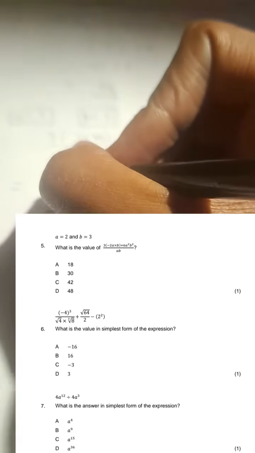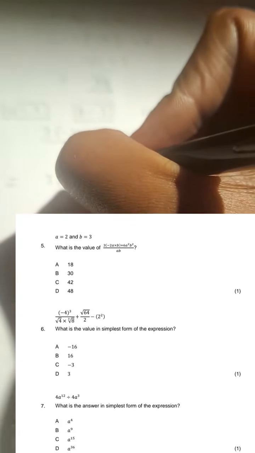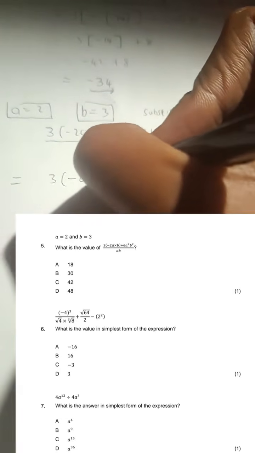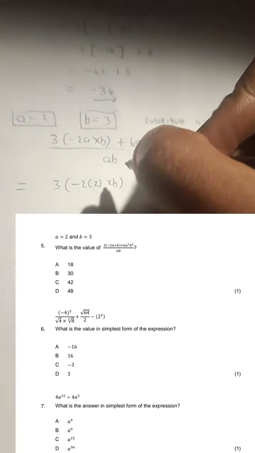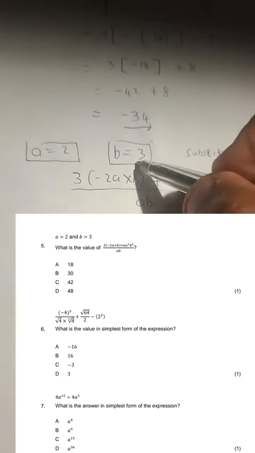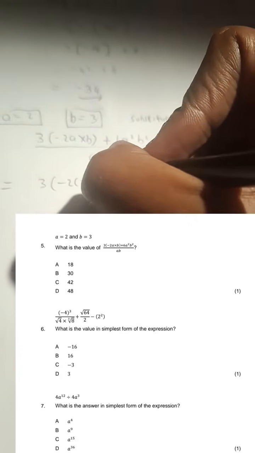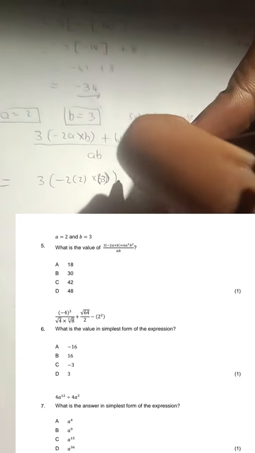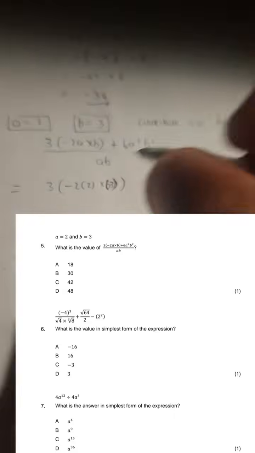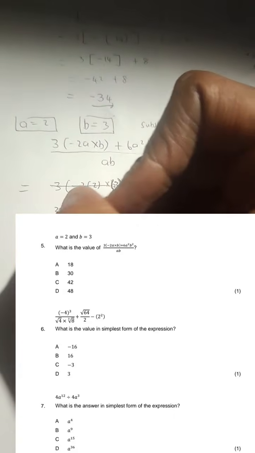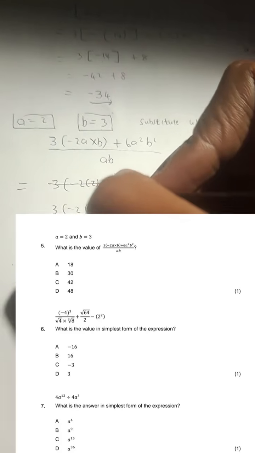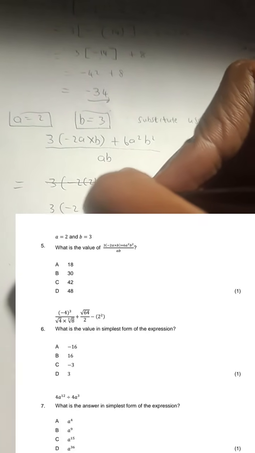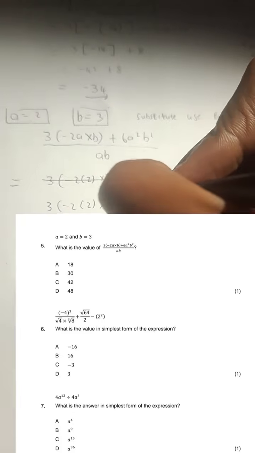So let's go 3 into minus 2 into 2 times b. Okay, b is 3. So in the place of b, we're supposed to write 3. Okay, so let me just rewrite this. 3 into minus 2 into 2 times 3.